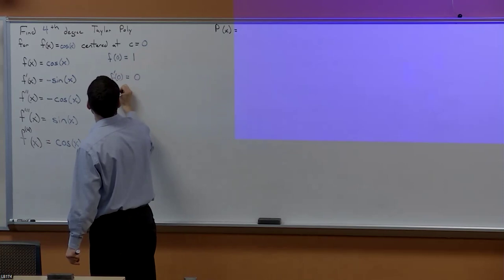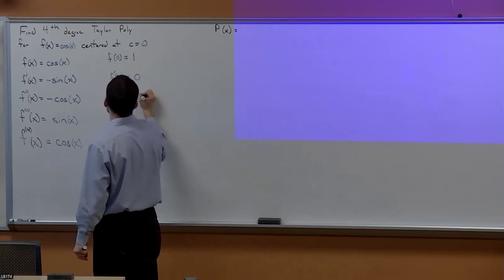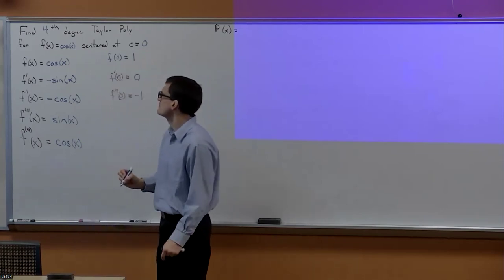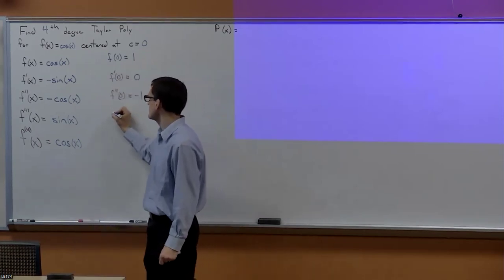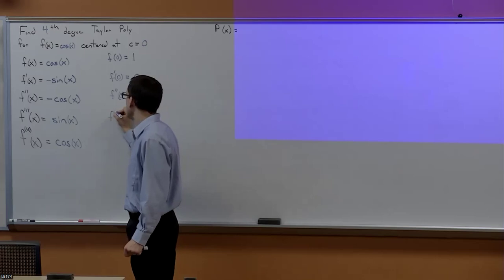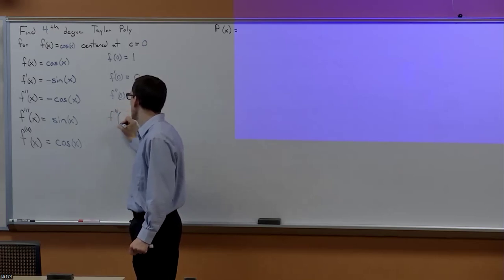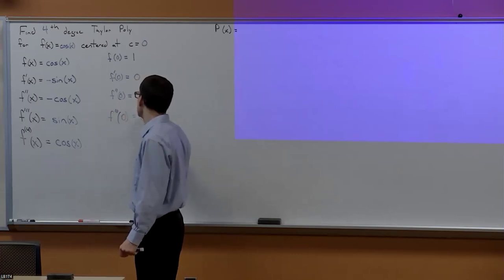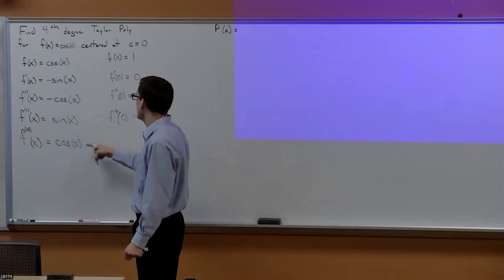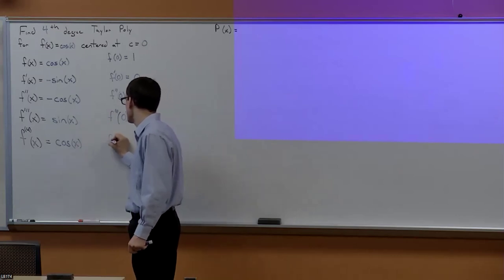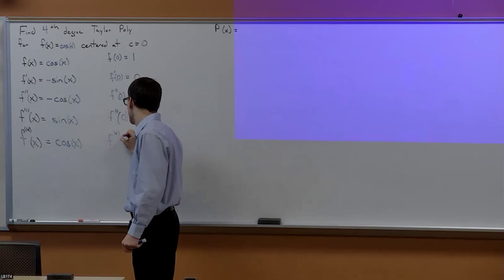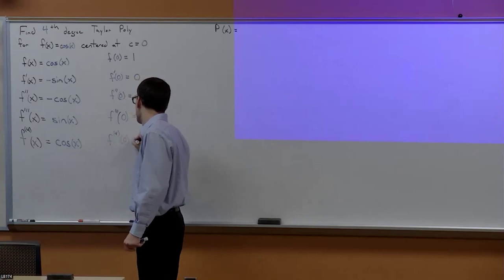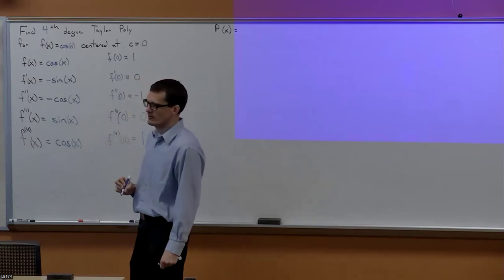If cosine of 0 is 1, then negative cosine of 0 is negative 1. And sine of 0 is 0, and cosine of 0, we're back to a positive 1.